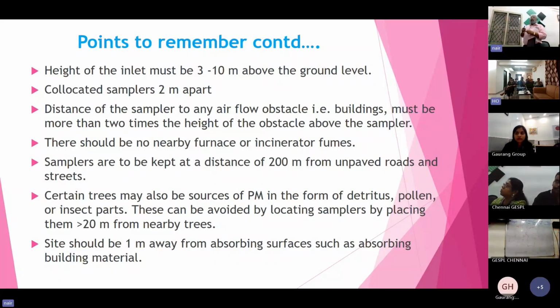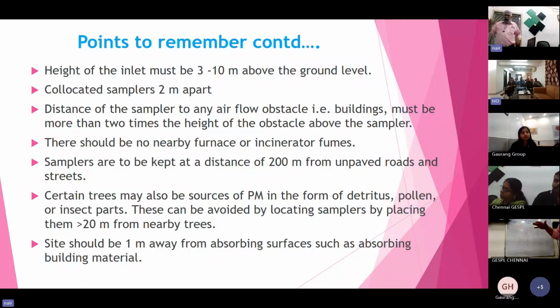Then there should be no nearby furnace or incinerator. That you may see. Then samplers are to be kept at a distance of 200 meters from unpaved roads and streets. I have seen samplers kept near a building terrace, near an unpaved road. 200 meters minimum, because on an unpaved road, because of the road traffic, heavy dust and particulate matter will come.